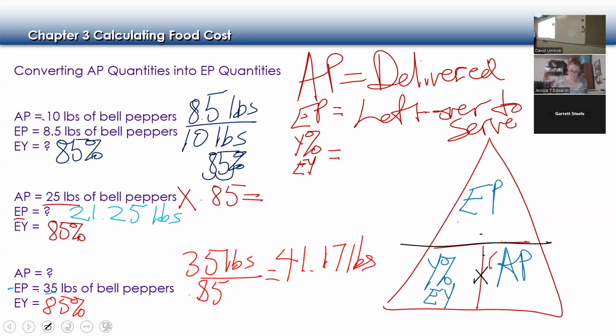Now, does that mean that all that product just goes in the trash? No, what could I do with the tops and the bottom of my bell pepper? Reduce it. I could put it in stock. I can maybe make a roasted red pepper soup. Does it matter if I blend it up, what it looks like beforehand?